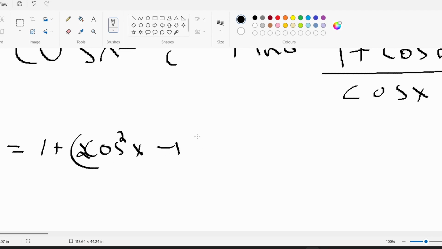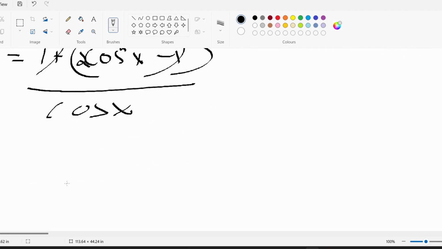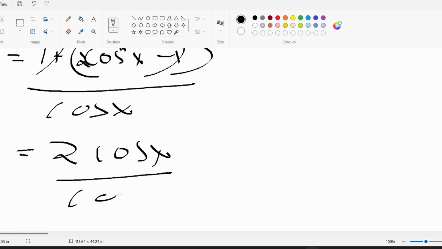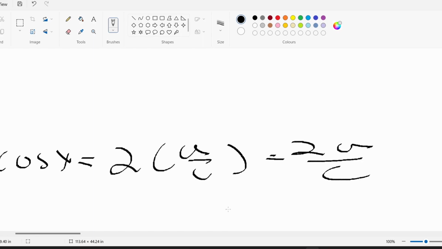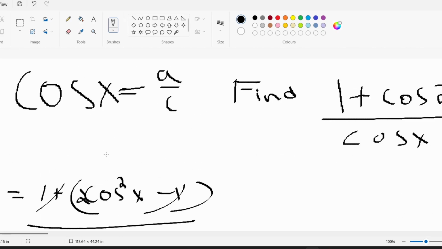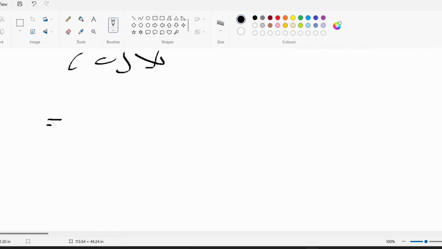The 1s cancel, leaving 2 cos squared x over cos x, which equals 2 cos x. Now directly substitute that in. We'll get 2 times a over c, which equals 2a over c. That's the answer.